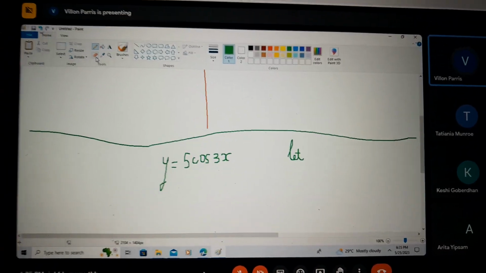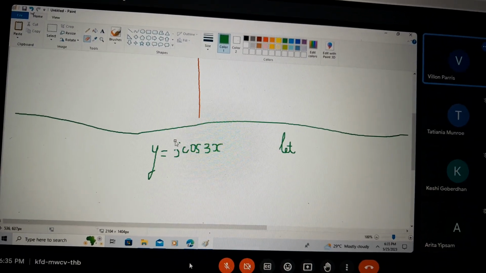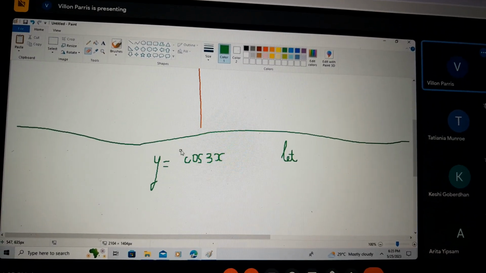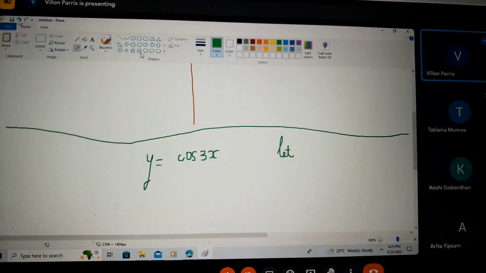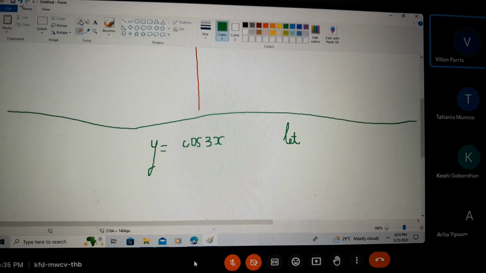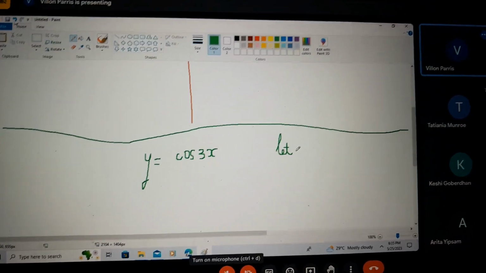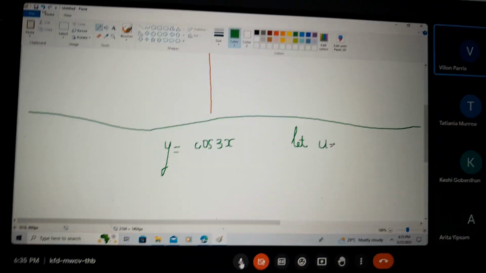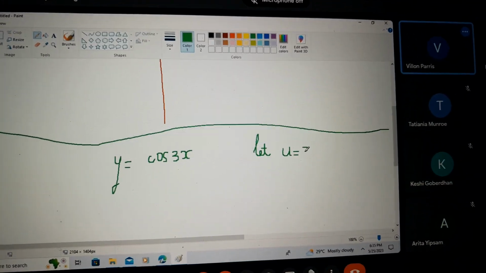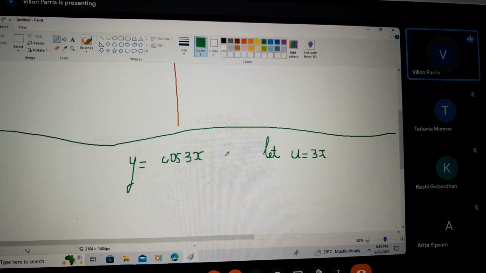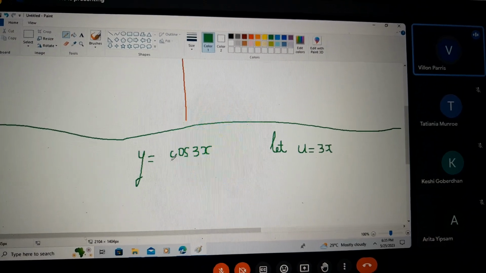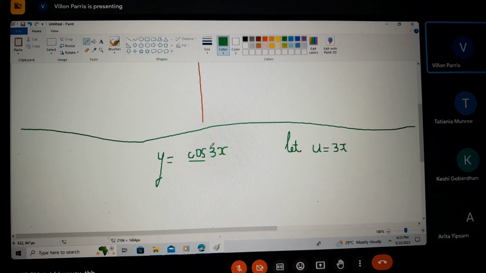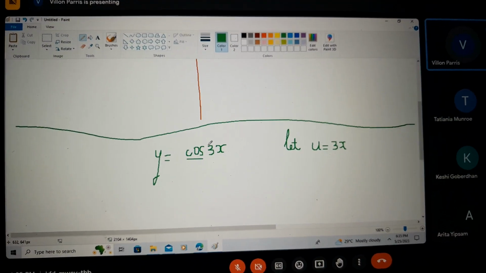Let me take out the 5, just for simplicity's sake. What are we going to let u equal to in this case? 3x, sir. Very good. Because cos is a function by itself, and 3x is another function.